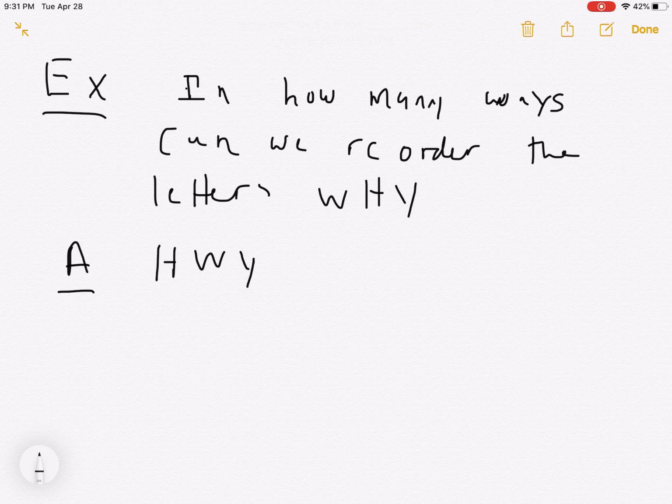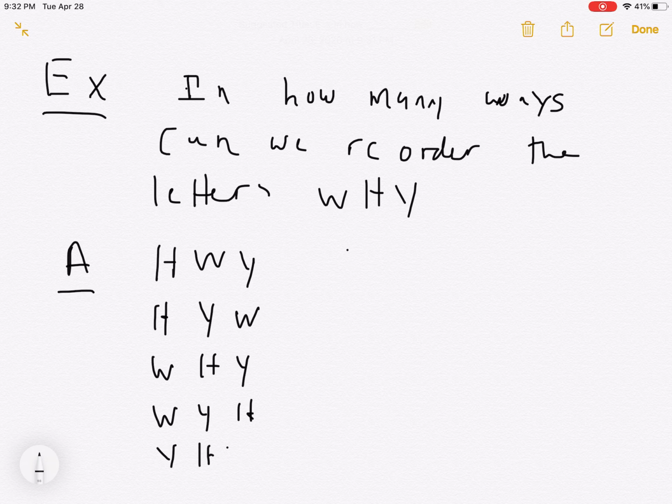I could do HWY, I could do HYW, I could do WHY. That is a reordering, the object itself. I can do WYH. I can do YHW.